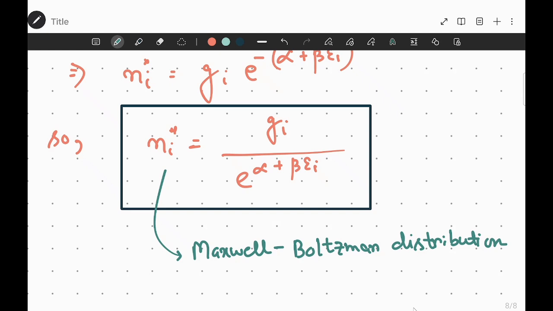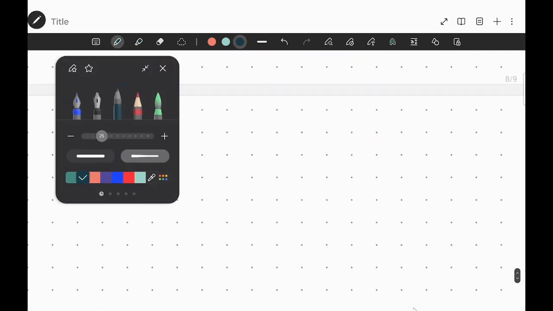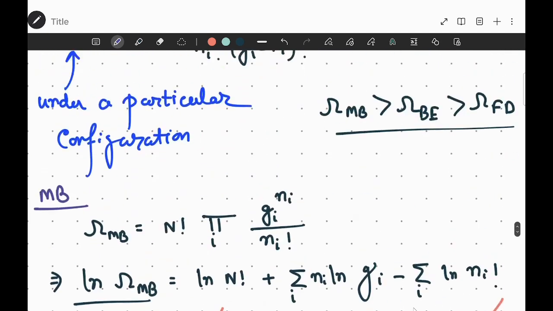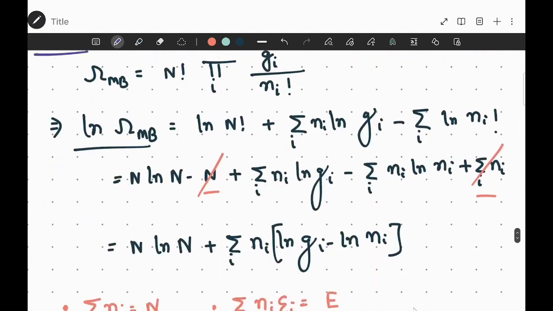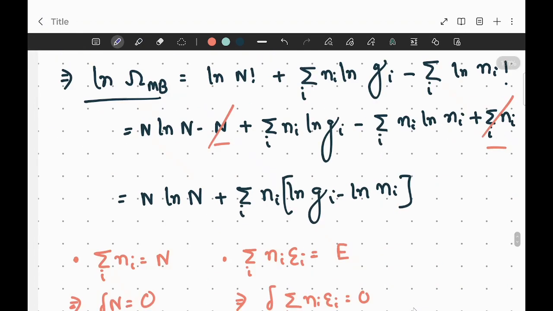Okay, so this is the case. So this is true. Now we have to check for our second target, that is Bose-Einstein. The same treatment I will do. Nothing is new. Just instead of this form, we will have to consider the Bose-Einstein form.